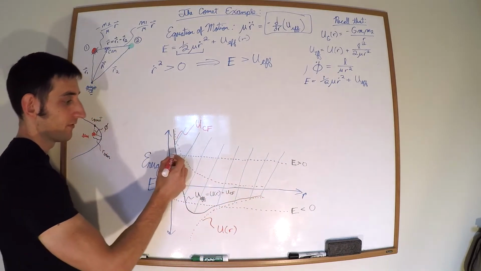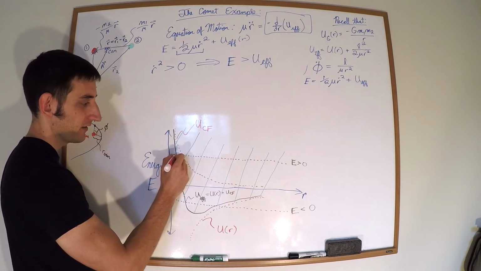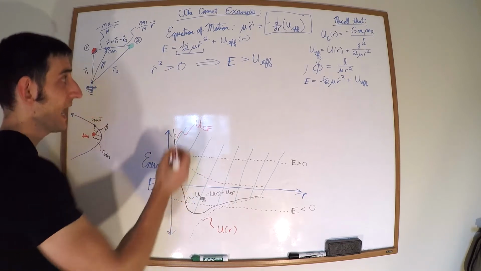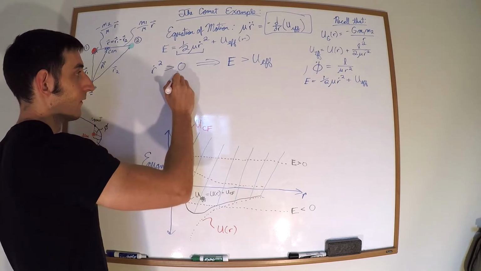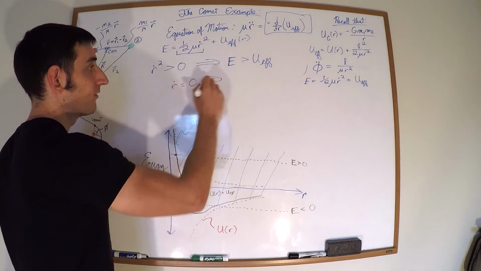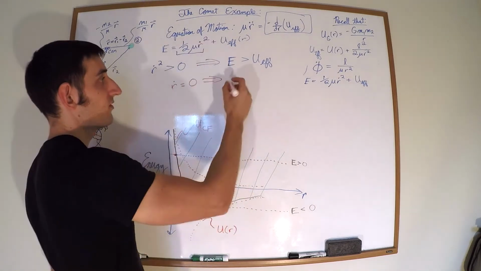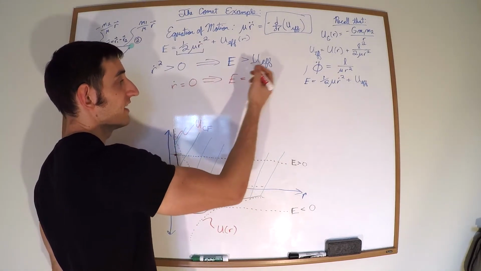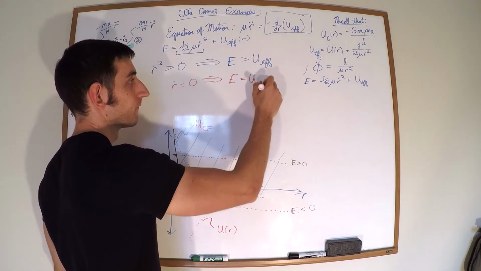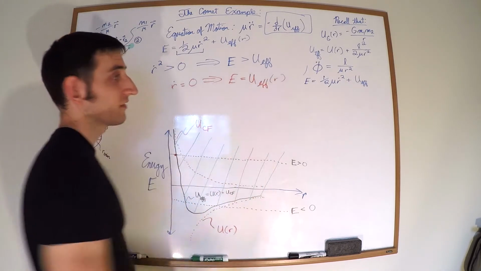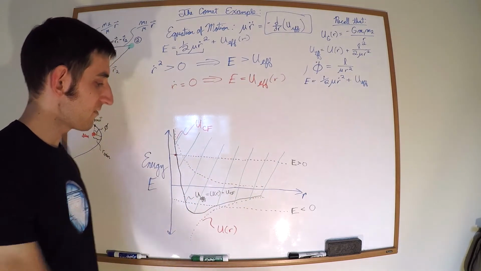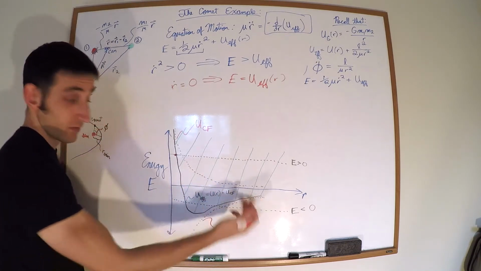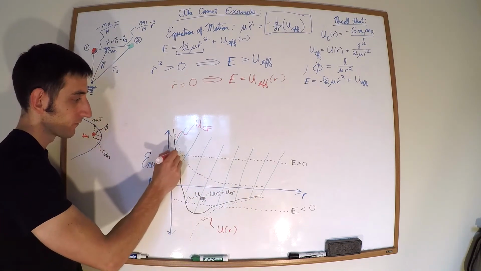Okay, so we could have a minimum radius right here, and that happens when r dot is equal to 0. So when r dot is equal to 0, the energy is equal to its minimum, basically equal to the black plot.